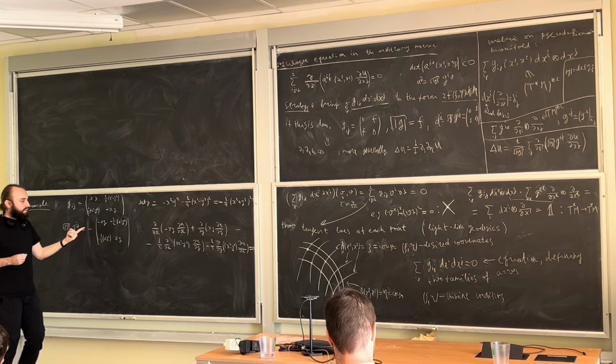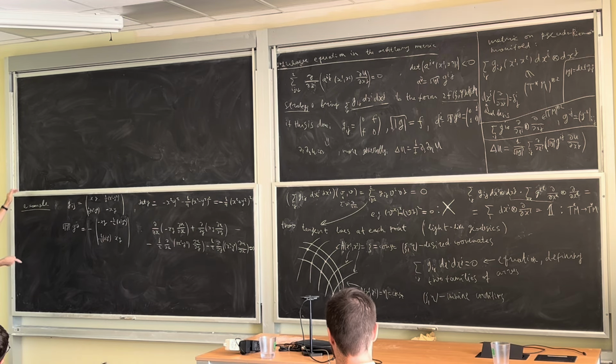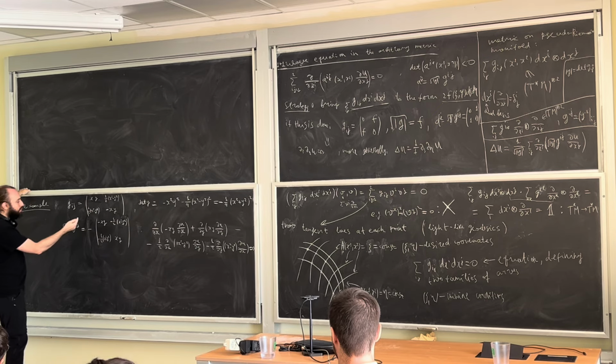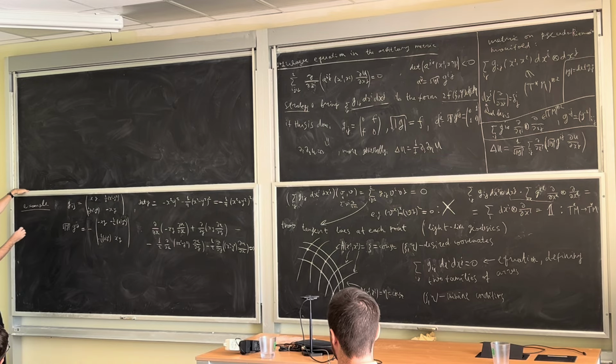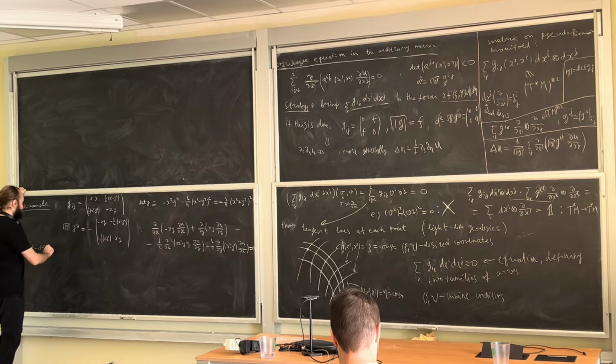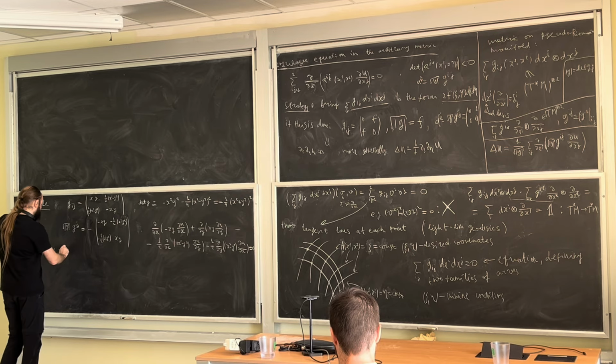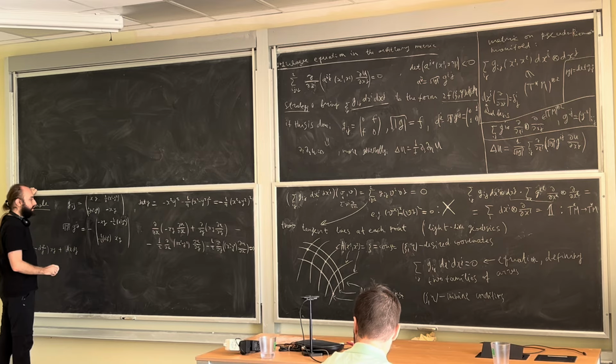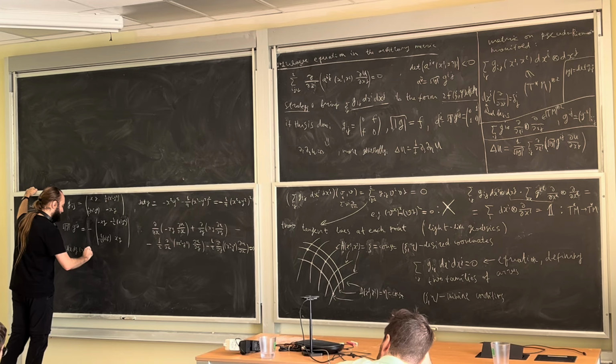So we have this equation, and what is the corresponding metric? The corresponding metric is this expression: dx squared minus dy squared over the diagonal elements, dy squared times xy plus dx dy times x squared minus y squared.